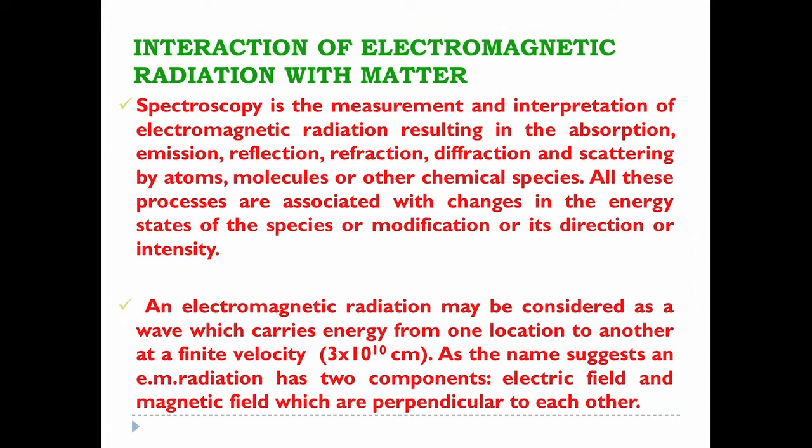So, what is an electromagnetic radiation? We can consider it as a simple wave which carries energy from one location to another at a finite velocity. We are talking about something like visible light, a green light, a red light or a yellow light, and all these are bundles of energy.